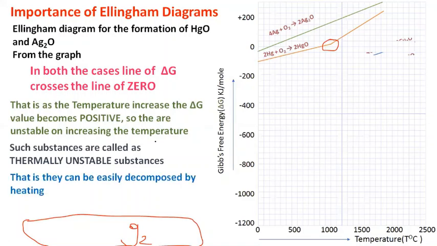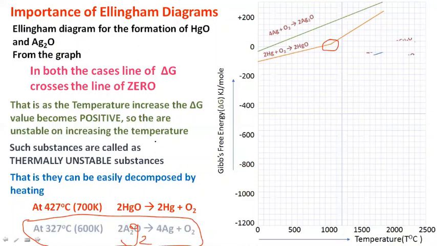That is, on heating, they can be converted into metals. So in this equation, you can see that 2HgO gives rise to 2Hg plus O2 at 700 Kelvin. And at 600 Kelvin, Ag2O is converted into Ag. That is, 2Ag2O gives rise to 4Ag plus O2.